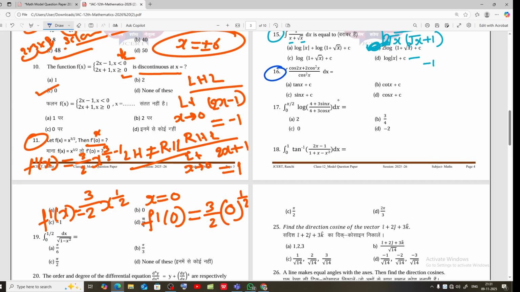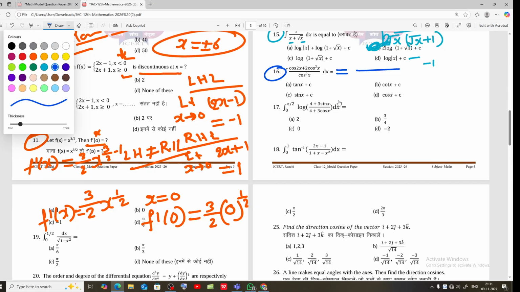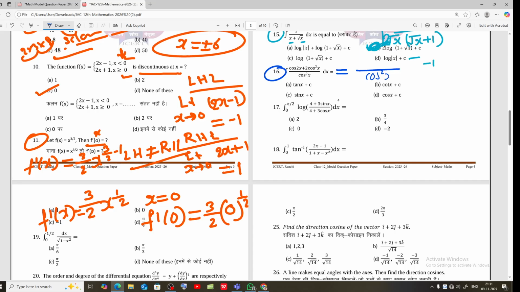So first we change cos 2x and divide by cos square x.